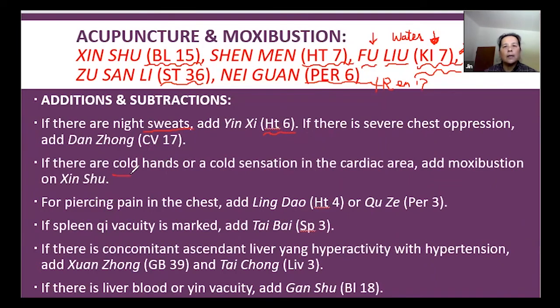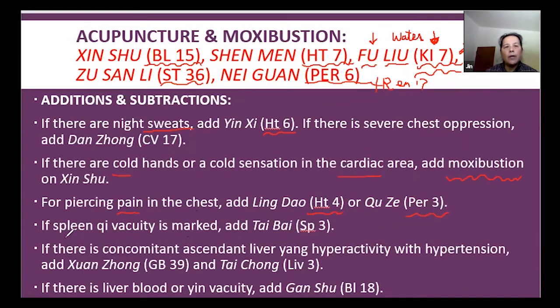For cold conditions in the heart area, especially, we can use moxa through the heart points, and we can moxa other points like stomach 36. For severe heart pain or chest pain, maybe pericardium 3.